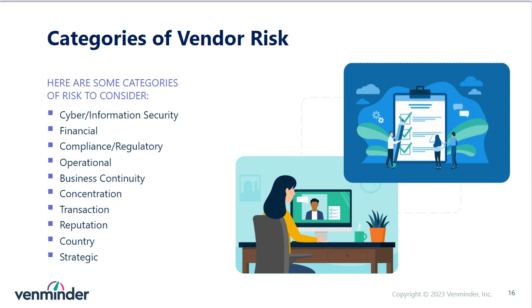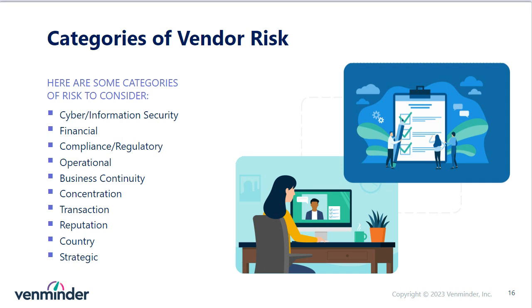So, for example, to what extent might there be compliance or regulatory risks with the use of this product or service? Maybe concentration risks if there's an oversubscription or widely use of this one particular product and service in your organization.